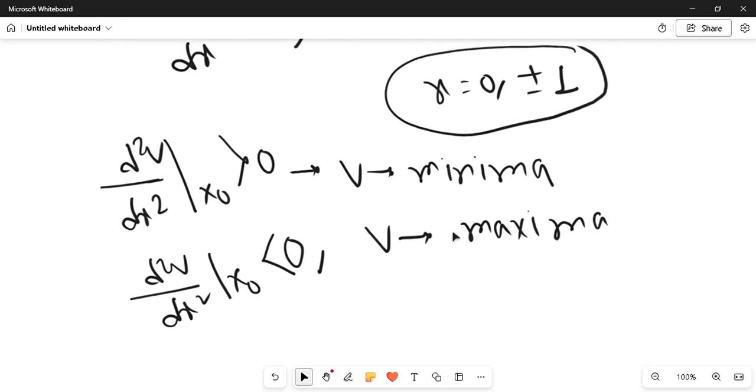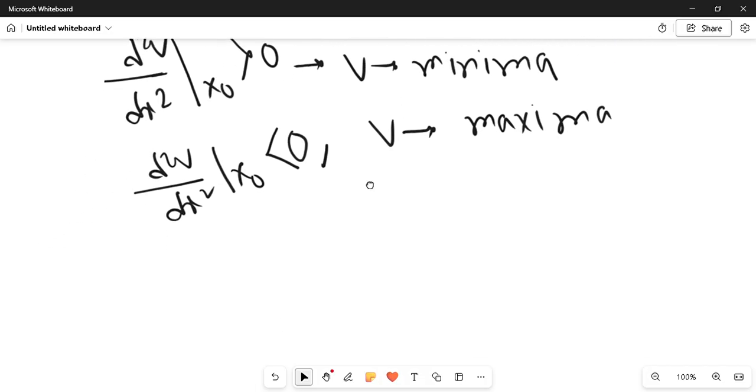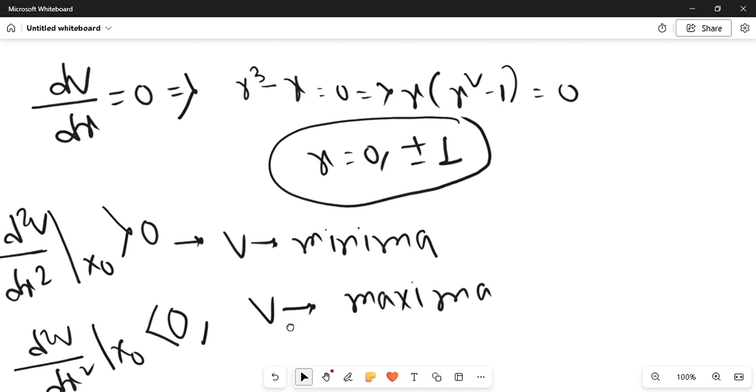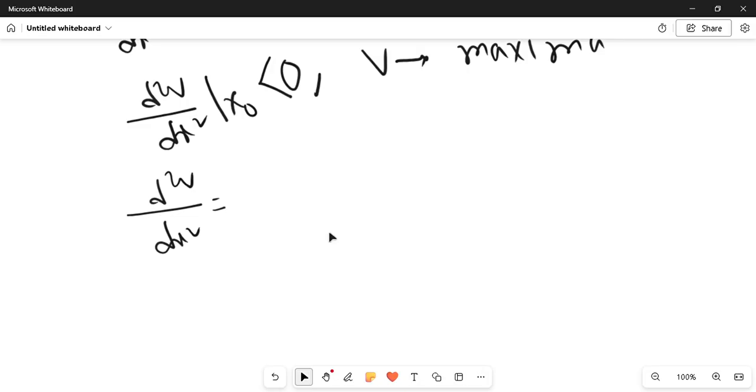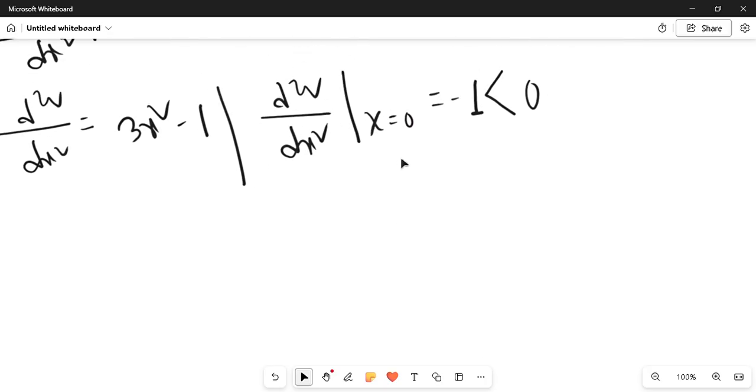So we need to check at the equilibrium points. What is d square V by dx square? Differentiating x cube minus x, this is 3x square minus 1. At x equal to 0, this is minus 1, so V will be a maximum there, the potential energy is maximum.